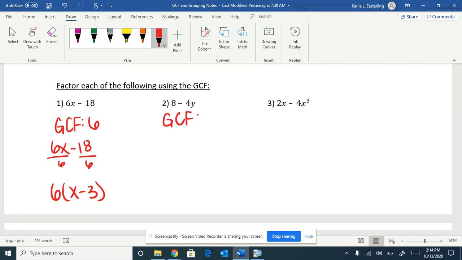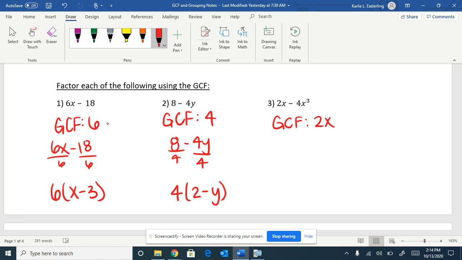Hopefully you got that the greatest common factor for number 2 is 4. So you're going to do 8 minus 4y divided by 4, and you get 2 minus y. Your greatest common factor for number 3, hopefully y'all got 2x.